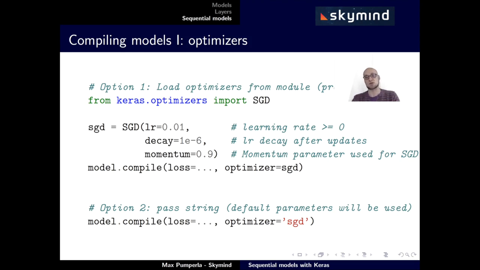And we also set a momentum parameter to 0.9 for this particular optimizer. Then we can compile our model with this particular instance of SGD. The second option is you simply pass a string, pretty much the same way as we did for losses. But in this case, it's crucial to see that if you pass SGD as a string, you cannot specify any specific parameters, but all the default parameters will just be valid.